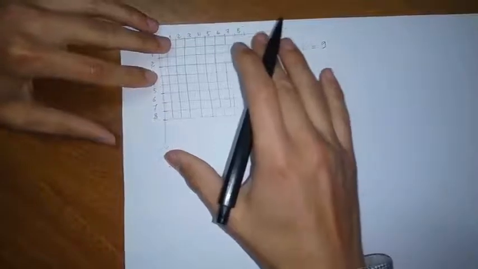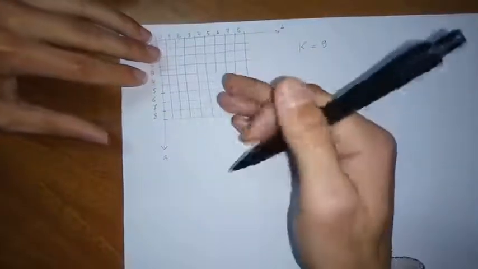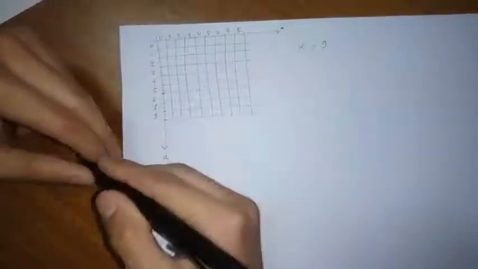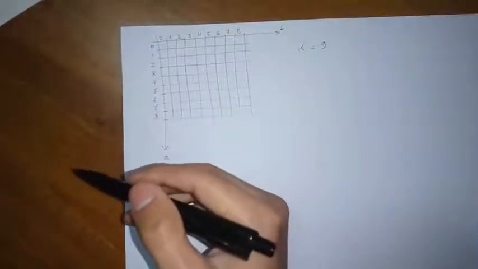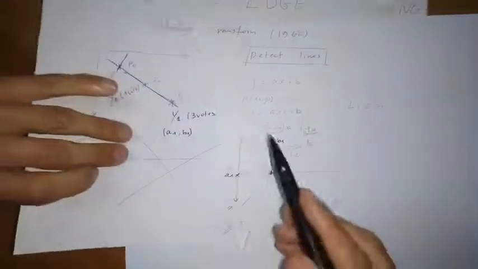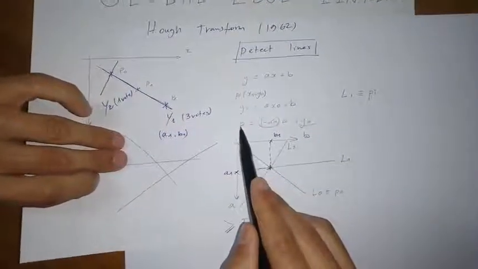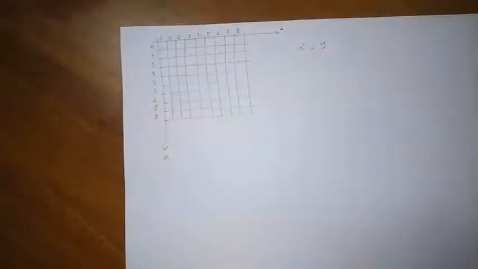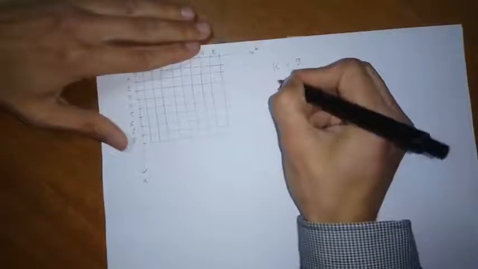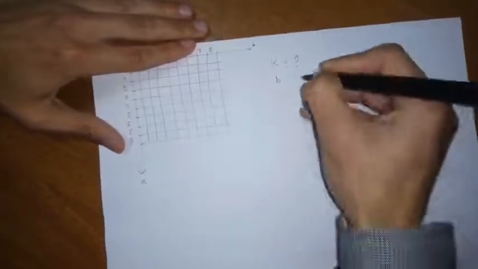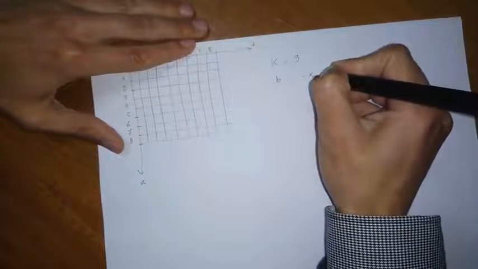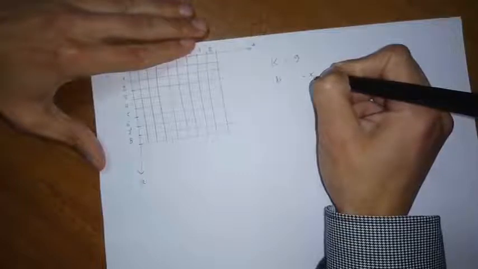In order to associate values with these cells, we have to go back to our equation of a line in the AB space. B is equal to minus x multiplied by A plus y, where x is the x-coordinate of a given edge point.